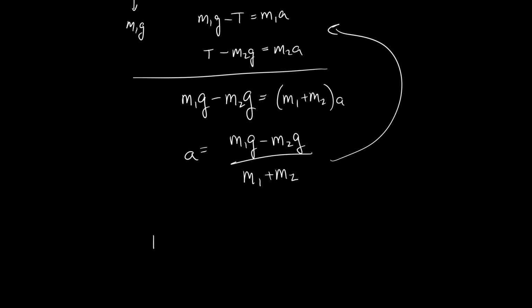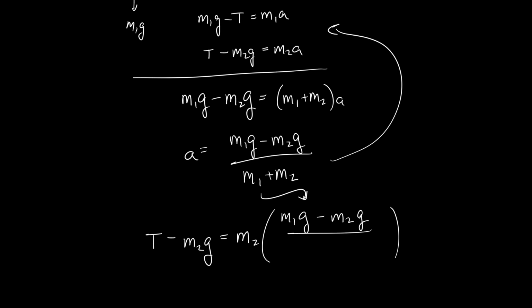So tension minus M2G equals M2 times all of this. So that's M1G minus M2G over M1 plus M2.